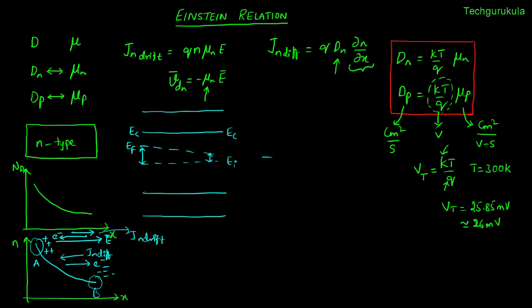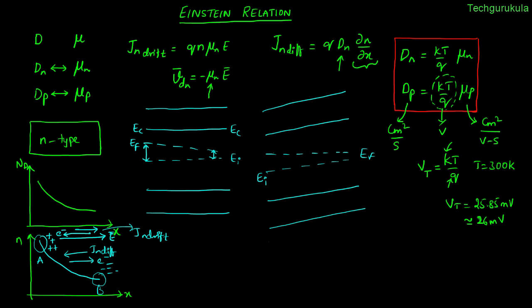If EF is constant, then EI would have a relationship like this approximately, and then EV would be parallel to this, and EC would again be parallel to this. Now let us put this equation to test, that Jn drift plus Jn diffusion should be equal to 0, because the net current should be 0.